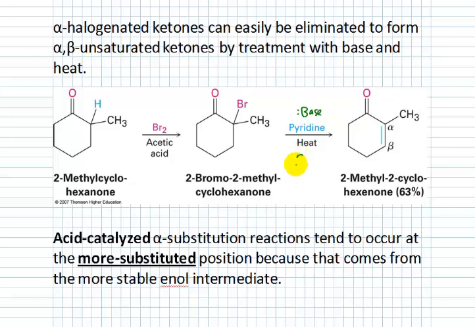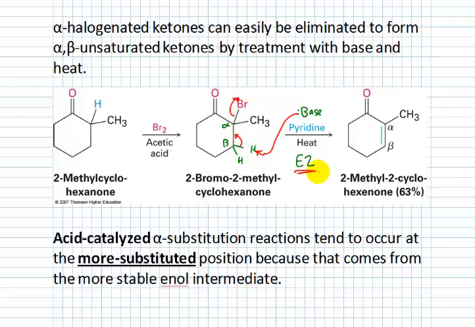That is by an E2 mechanism, because if I look here, there's at least one hydrogen on the beta carbon. What we do here is our base attacks a beta hydrogen. That makes a CC double bond, and it kicks out the halogen that we've added in the alpha position. So the E2 reaction happens all at once, where we attack a hydrogen, that makes a double bond, and that kicks out the leaving group next to it.